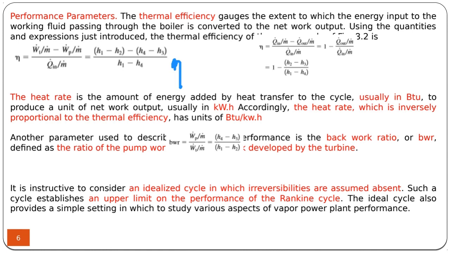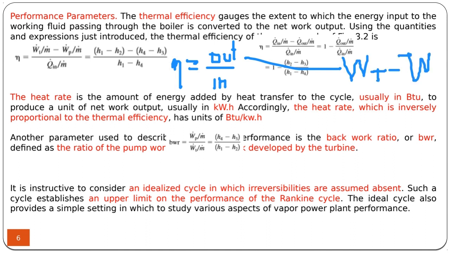Remember, efficiency is always some output divided by some input. Here the output is the net work, which means turbine work minus pump work, because we obtain turbine work, but we have to deliver pump work.